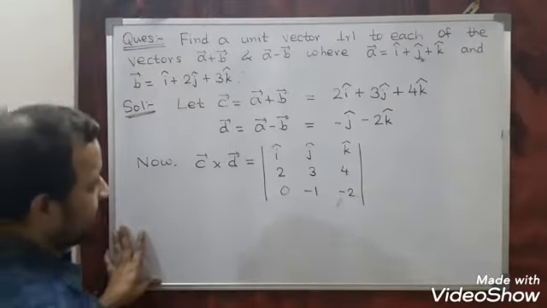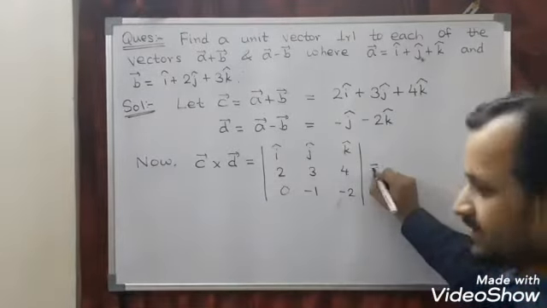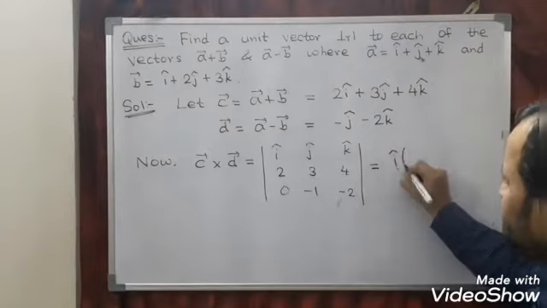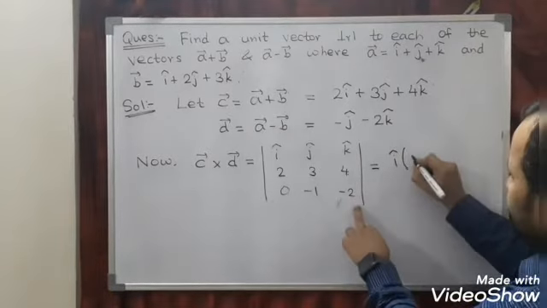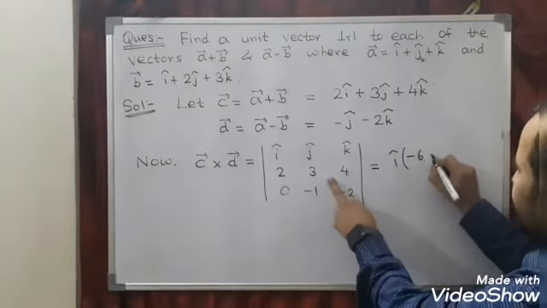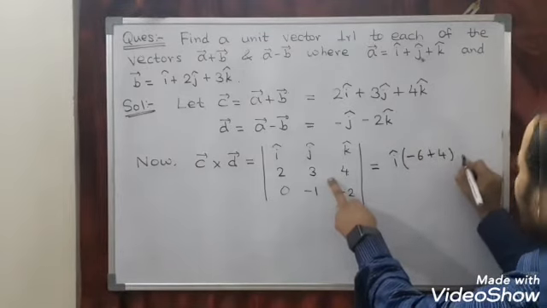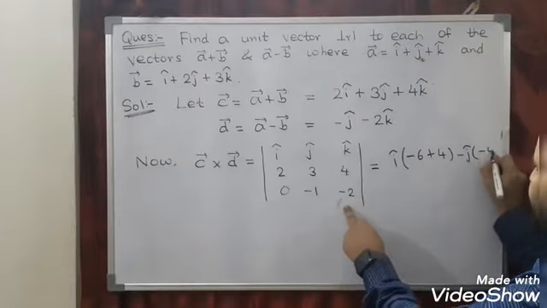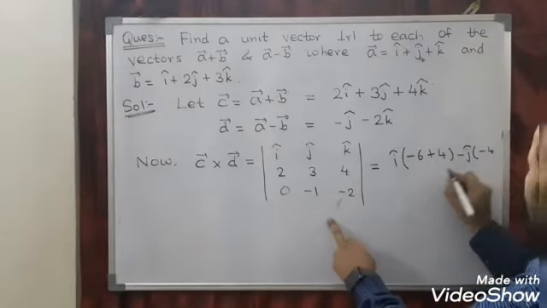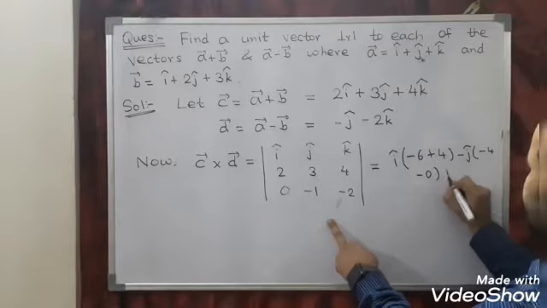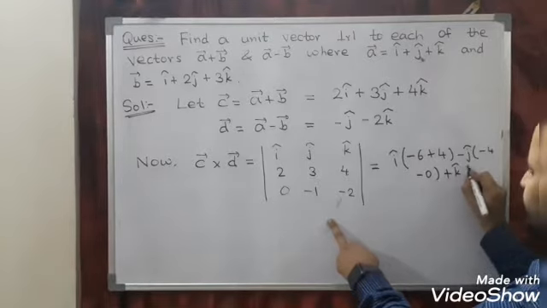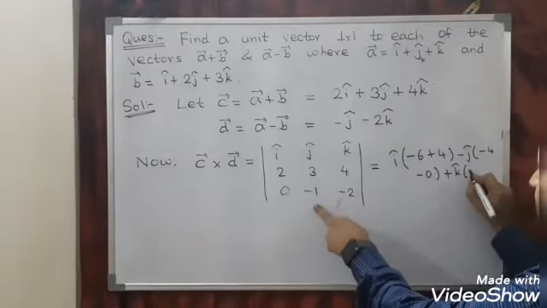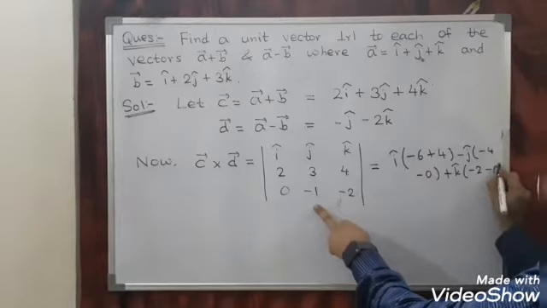So expand this. So when you expand this, what you will get is I vector, now 3 into minus 2, it is minus 6, minus of this, plus 4 will come, minus J vector. So 2 into this, it is minus 4, 0 into this, I can say minus 0, plus K vector is, 2 into minus 1, minus 2 will come, here I can say minus 0.